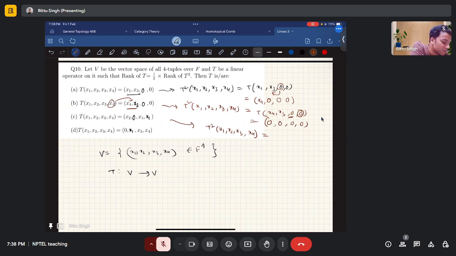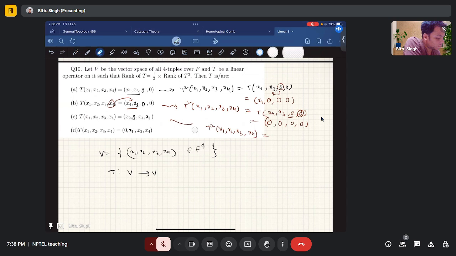Now rank of T is same as half of rank T square, but since rank is an integer, this implies rank T square should be even, right? Otherwise this is not possible, because if rank T square is odd, this will imply rank of T is a fraction, which is not allowed. Rank is always an integer.